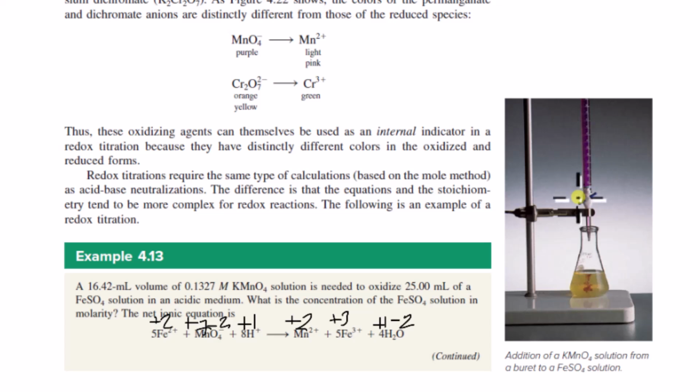And as you keep slowly adding more and more of the standard potassium permanganate solution, the solution in the beaker is getting more and more colorless, right? And then as you approach the equivalence point, once you get near the equivalence point, you're almost out of Fe2+, and what's predominating is these reactants here.